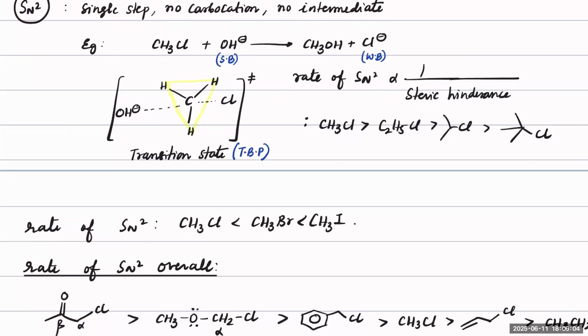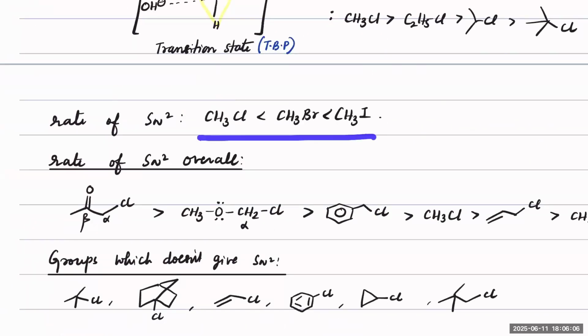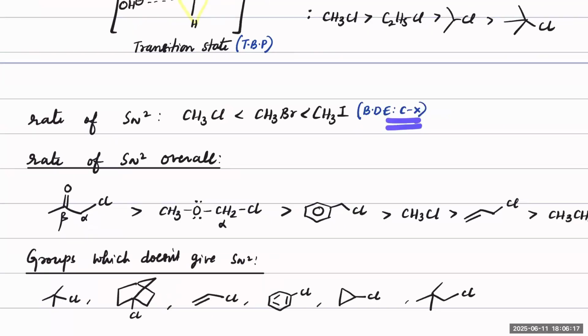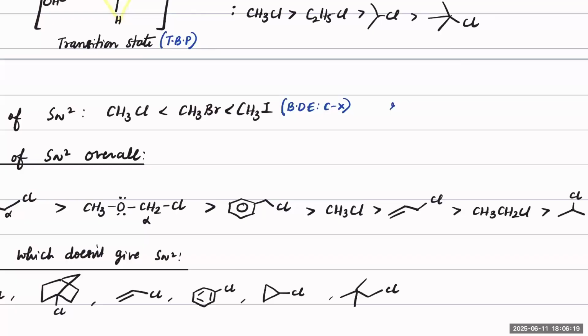Next, the rate of SN2 also depends upon bond dissociation energy. If the C-X bond is weaker, the rate is higher. So the rate is inversely proportional to the bond dissociation energy of the C-X bond.